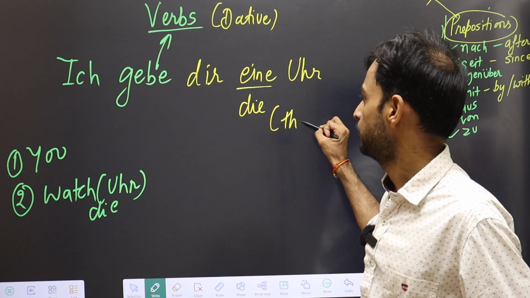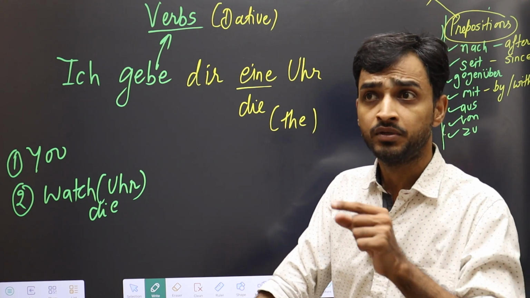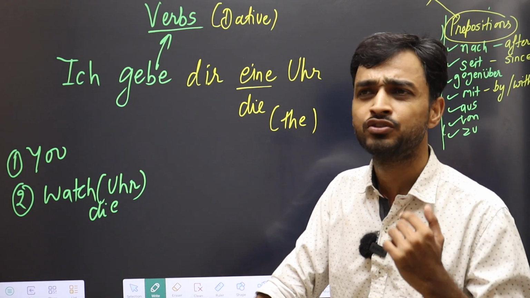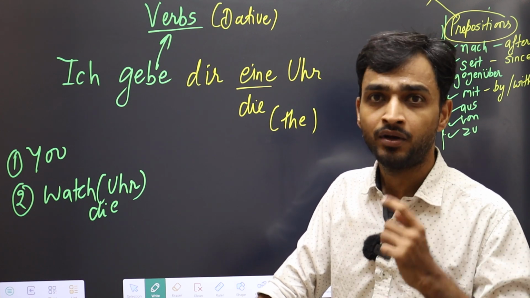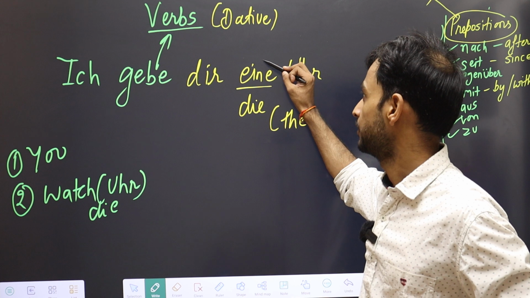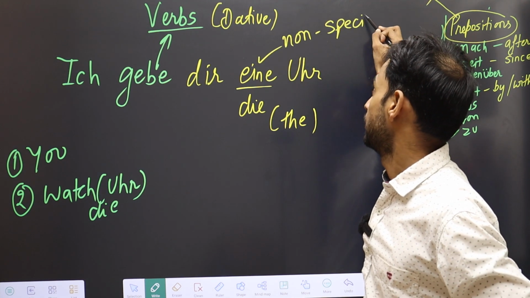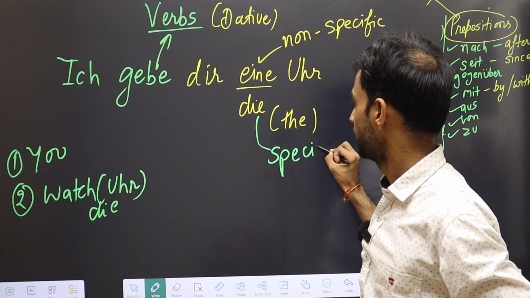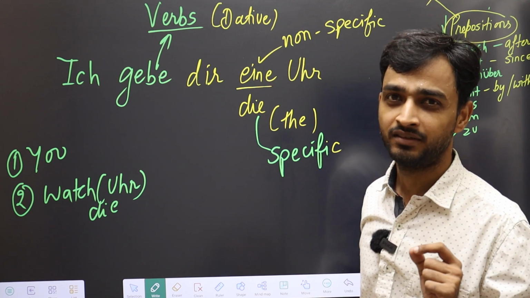If I say a specific watch, this particular brand, ich gebe dir die Uhr. If I say general, any watch, of any brand, then eine, non-specific. And die is specific. This is the difference. Clear?